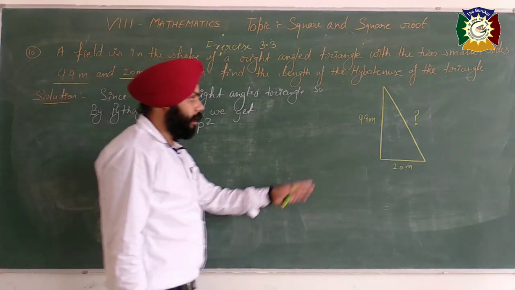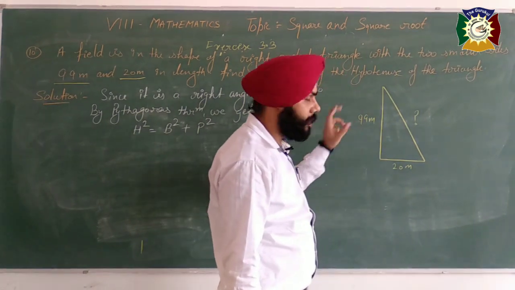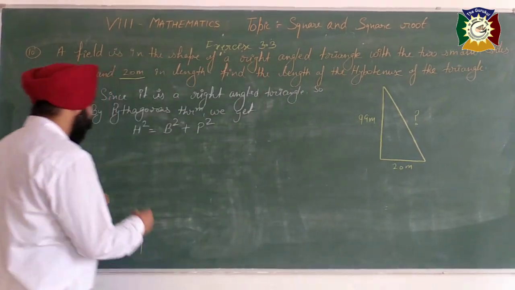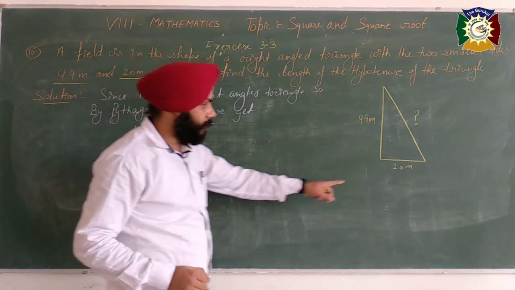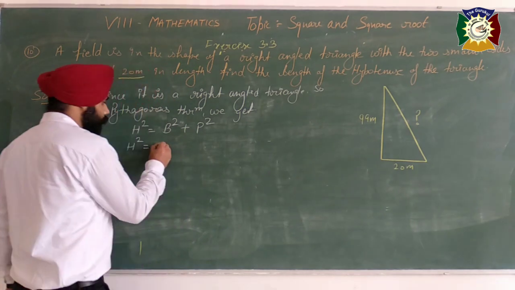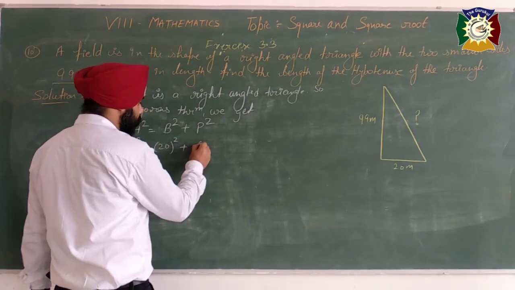So in a right angle triangle we understood what is the hypotenuse, what is the base, and what is the perpendicular here. We have to find hypotenuse, so write down as it is. Base value is our 20, so write down 20 square, and perpendicular that is 99.